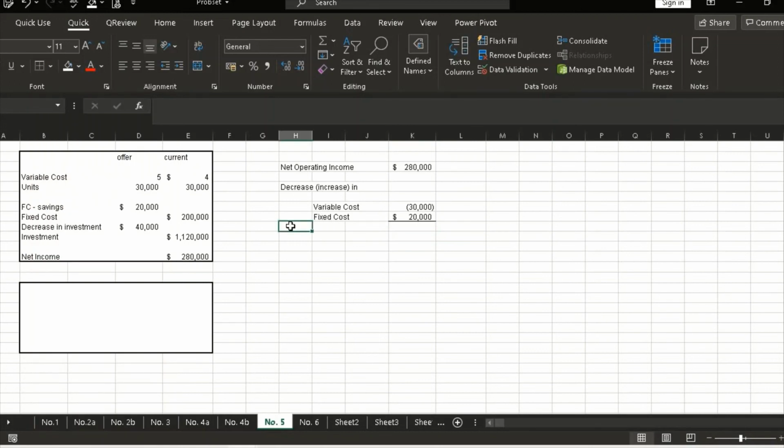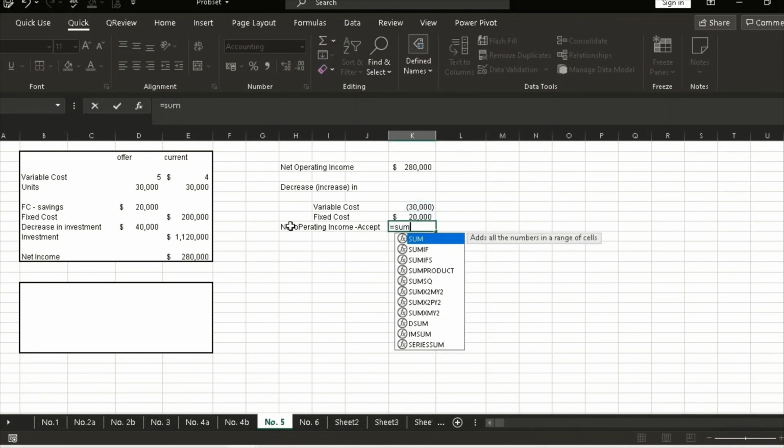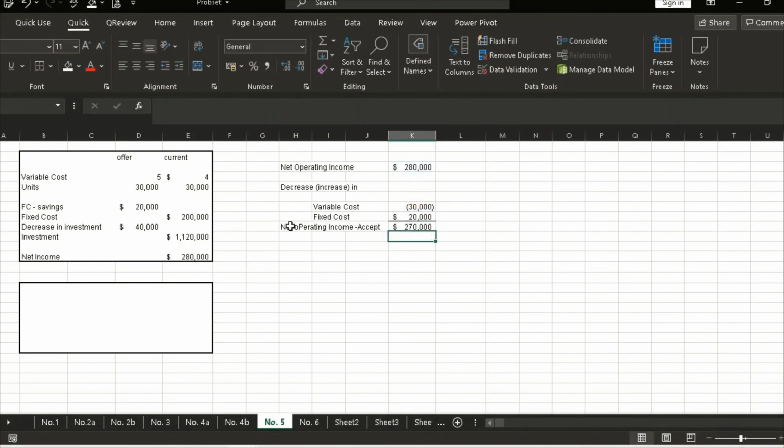By adjusting the net operating income to these changes, we will arrive at the net operating income in case we accept the offer. The net operating income in case we accept the offer is equal to 270,000.